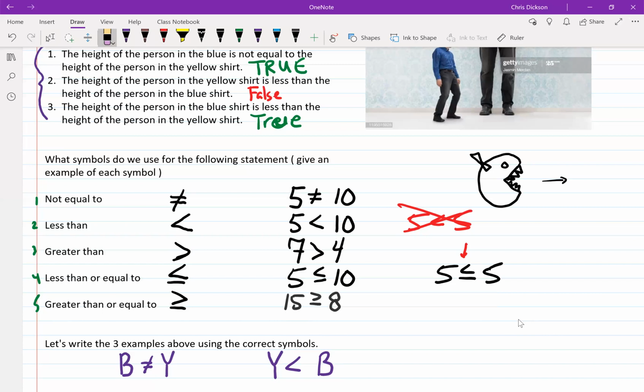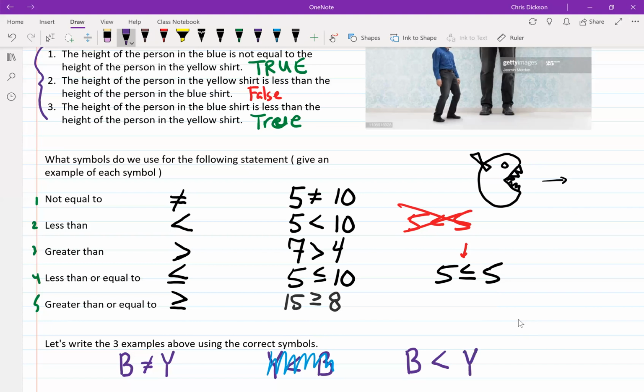But if you go into higher level math, you'll see those symbols in some books, and they sort of treat them the same way as the not equal to sign. So I'm going to scribble that one out. This here is actually not a true statement, but it is the correct way of how to write that. And the third statement here was the person in the blue shirt, the height is less than the person in the yellow shirt.